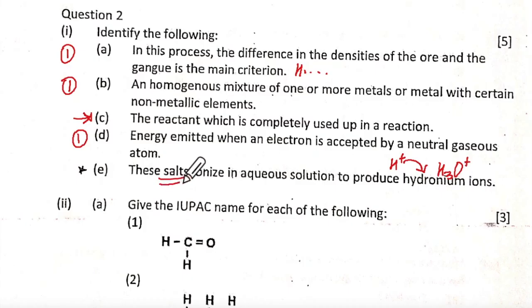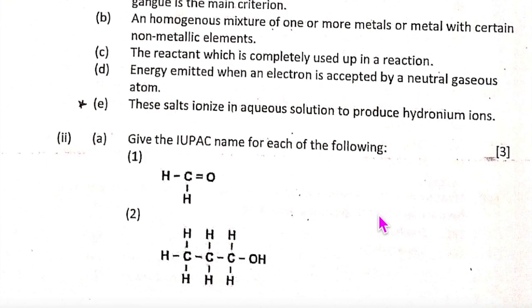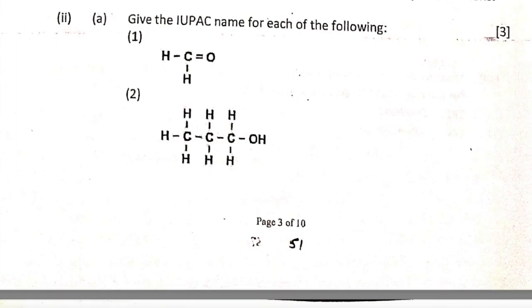So the salt must be an acid salt, right? The acid salt will have H+, which will give me the hydronium ion. So this was a good question. So 15 and 5, 20 marks we finished.